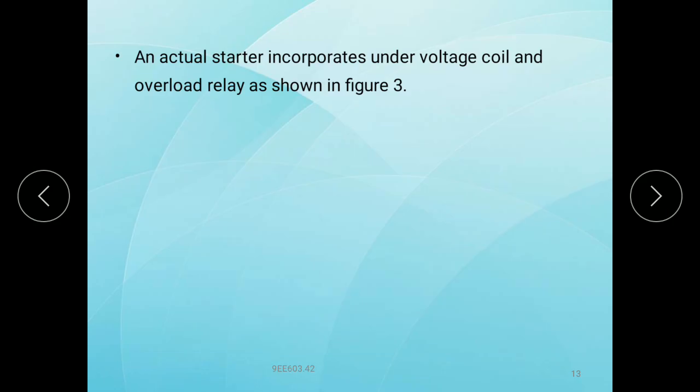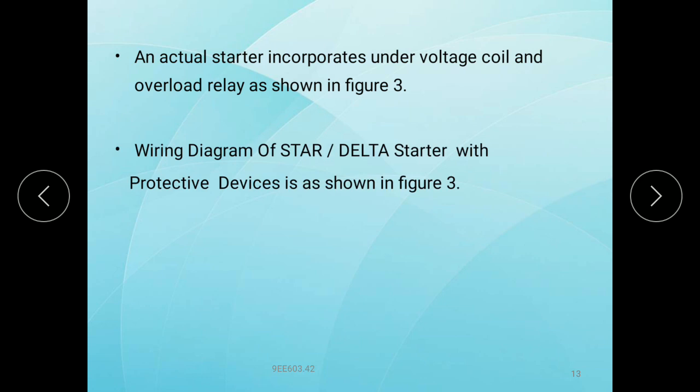An actual starter incorporates under voltage coil and overload relay as shown in figure 3. Wiring diagram of star delta starter with protective devices shown in figure 3.